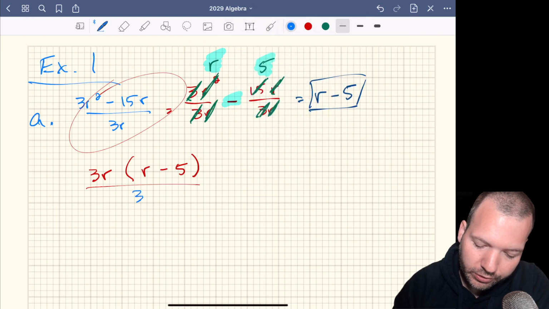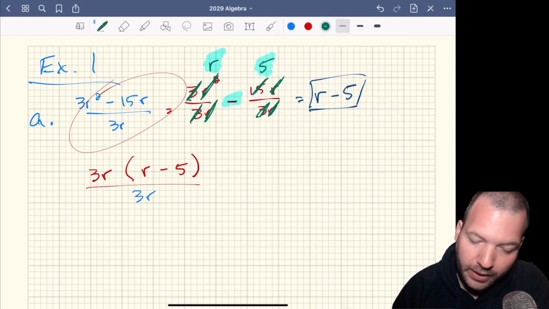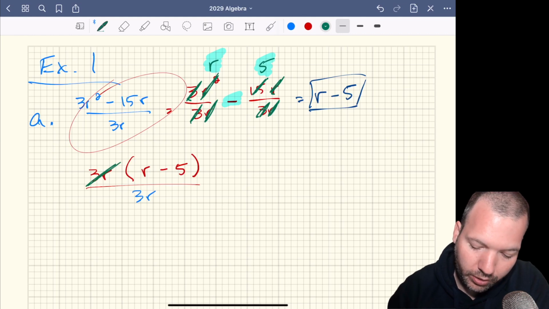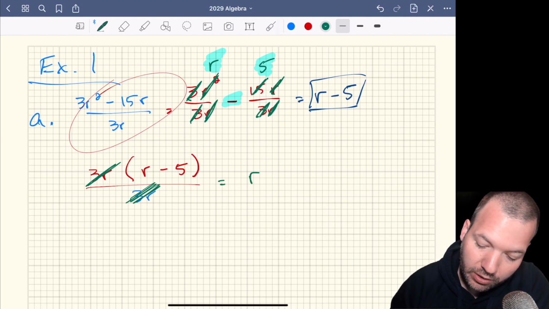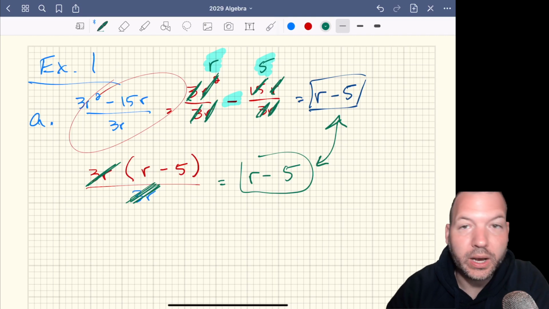Of course, the original denominator, 3r, didn't go anywhere, and you might notice at this point, oh, well, 3r and 3r cancel out, and what's left? r minus 5. Same thing we got when we tried it this new way, splitting the fraction up, using that monomial denominator to cancel as much as we can, and then obviously having the minus sign left over.